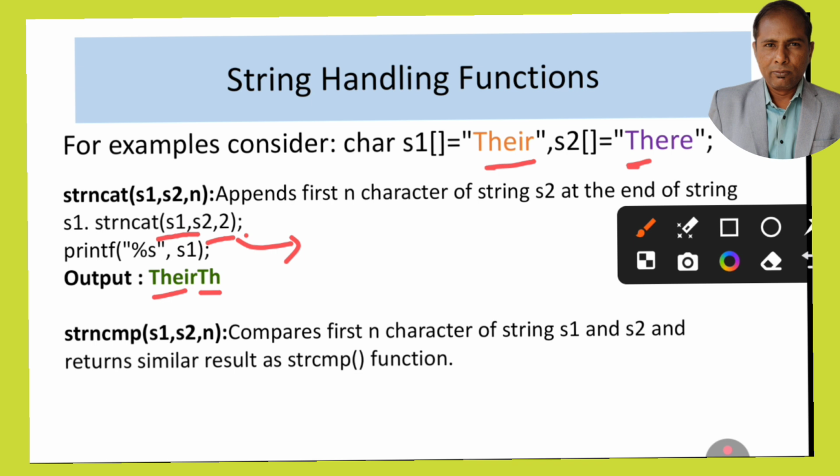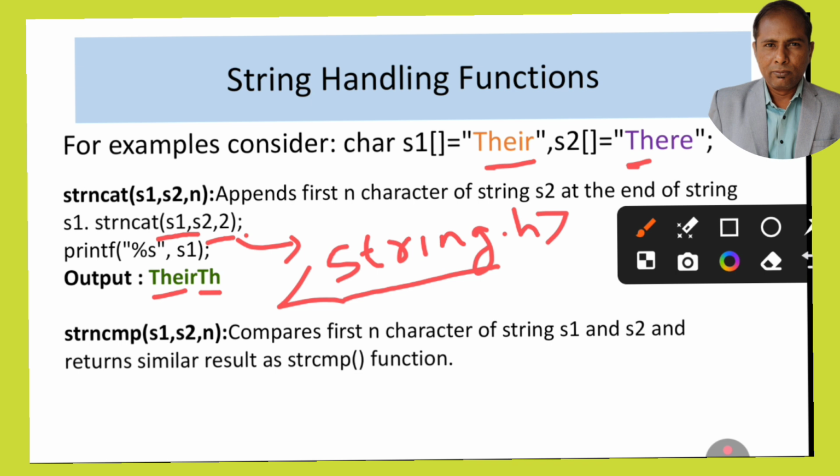I have told you that if I am using any of the string functions, then I have to include the header file string.h. We write hash include string.h; only then can we use these functions. Then one more function is strncmp. We can compare only some of the letters as we want, meaning a count of letters we want to compare.